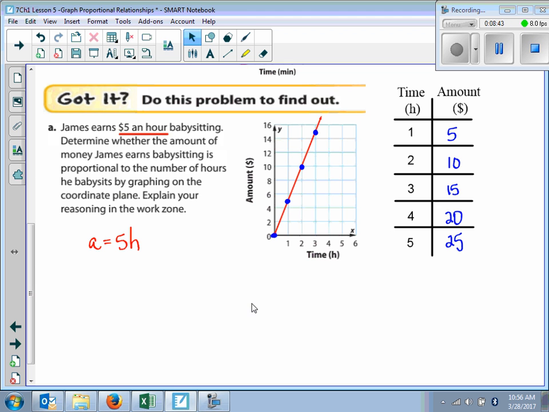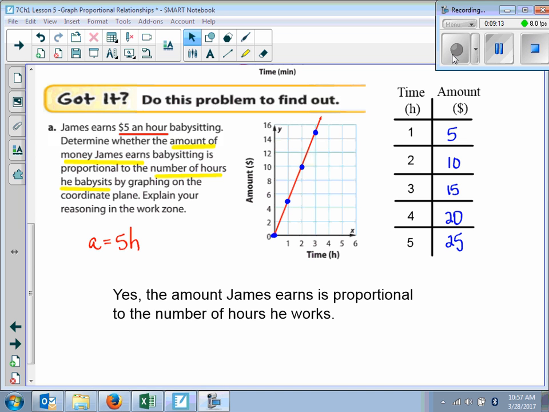So what can I say about the proportionality? If you look back in the words, you can see how you're going to answer. It says determine whether the amount of money James earns is proportional to the number of hours he babysits. So we're doing the amount earned to the amount of hours. Is it proportional?